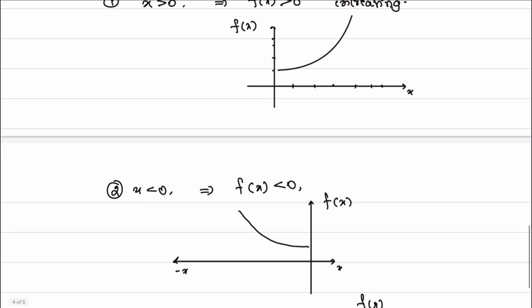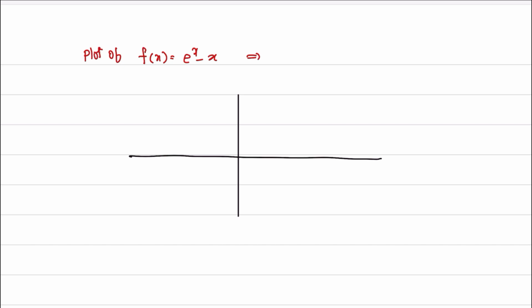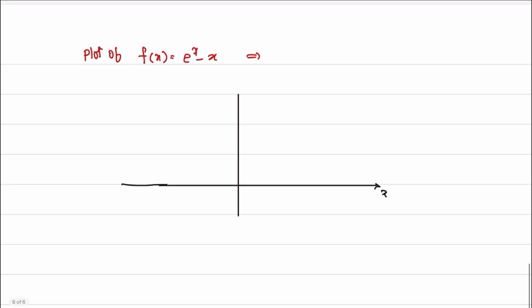That means when we combine these three graphs, graph 1, graph 2 and graph 3, we will get the final plot of function x is equal to e to the power of x minus x, given as finally it will be like this.